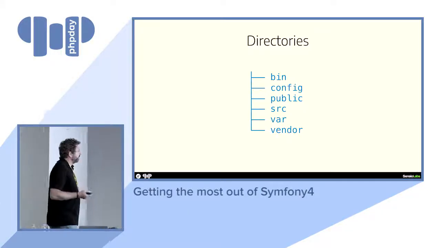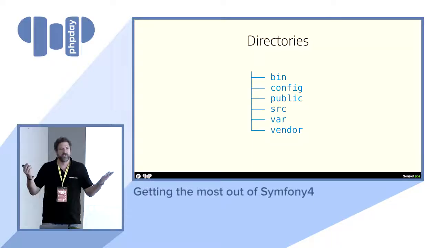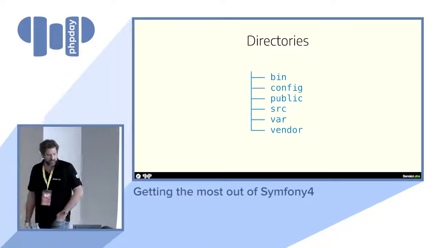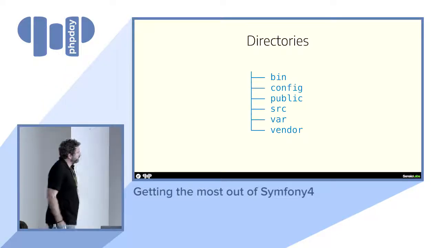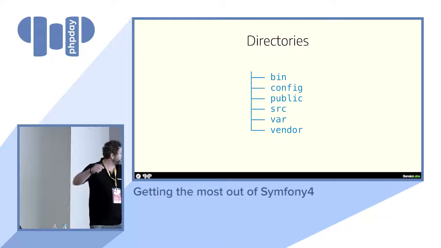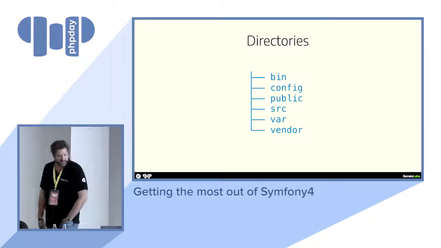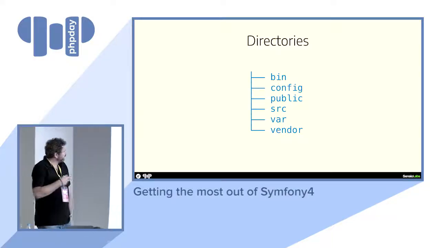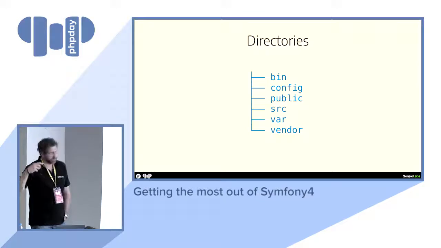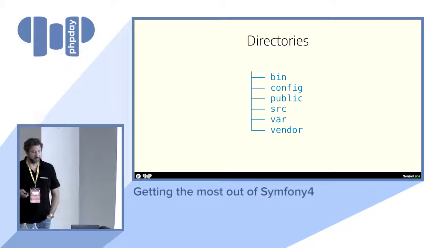The web folder was renamed to public, still just the document root. We've moved the var folder before. With Symfony 3, or since Symfony 3, sorry, we've had the var folder, and the vendor folder was always there. So this is nothing really spectacular. You'll get used to the new naming pretty quickly.